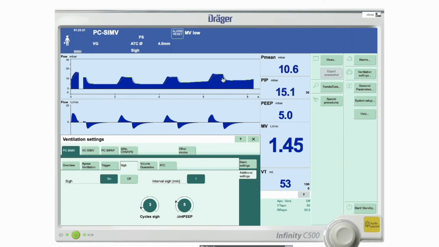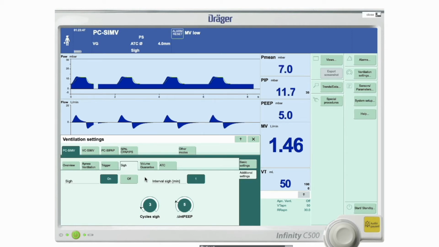You can see the PEEP has increased, PEEP has increased, PEEP has increased for 3 breaths, and then it's gone back down again. That's exactly what a sigh breath looks like, and that's going to happen once every minute. There isn't enough evidence at the moment to say that we should do it for everyone all the time, but on a case-by-case basis, it's one of the things we should be looking at.